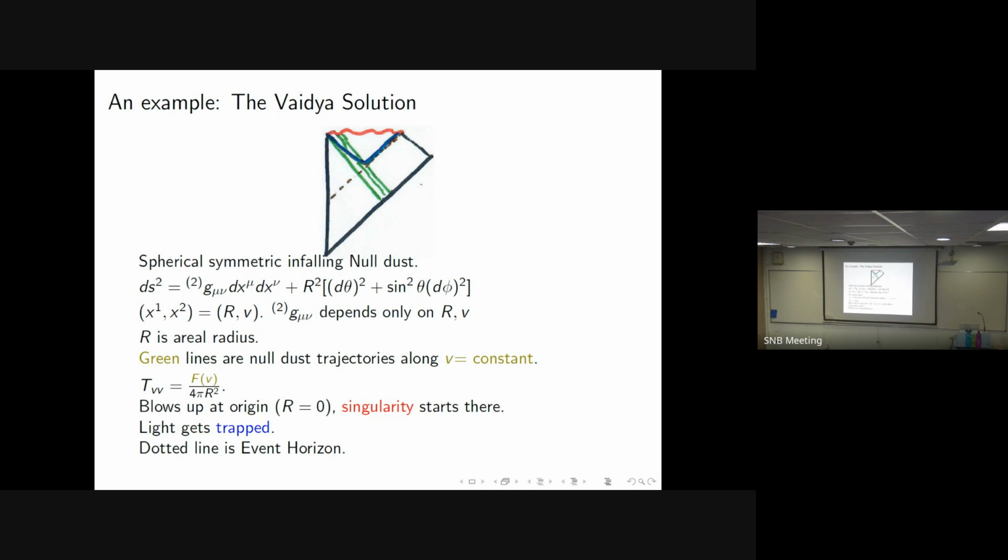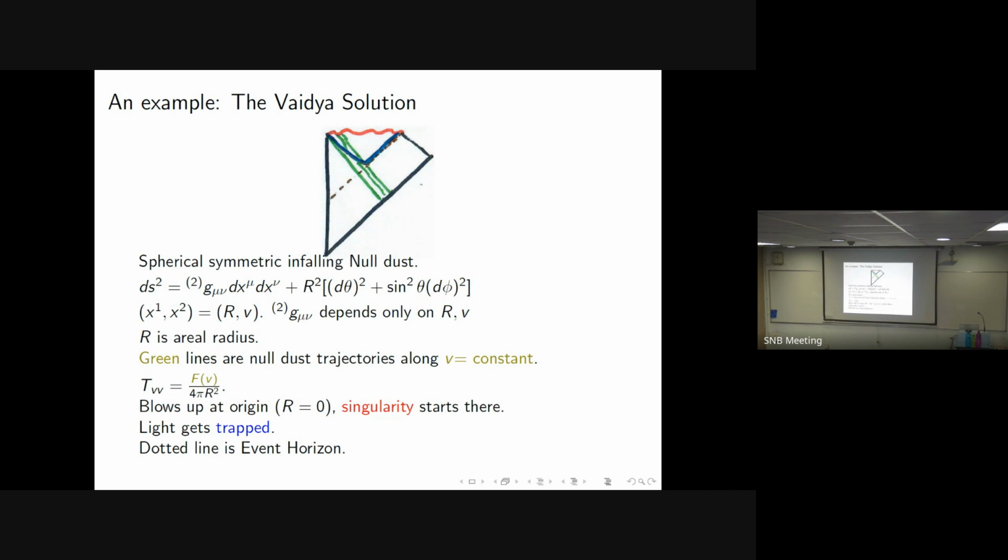The other coordinate I'm just going to call V, and the lines of constant V turn out to be null lines. They are 45 degrees. So these green lines are matter. This is the null dust which goes along V equal to constant lines. It collapses and there is a singularity over here.